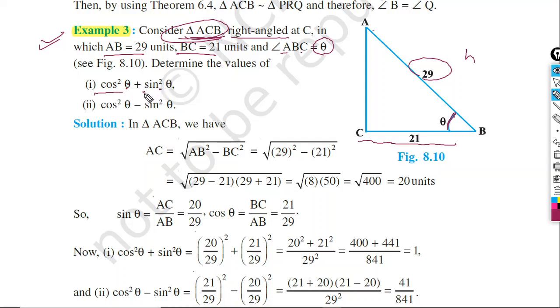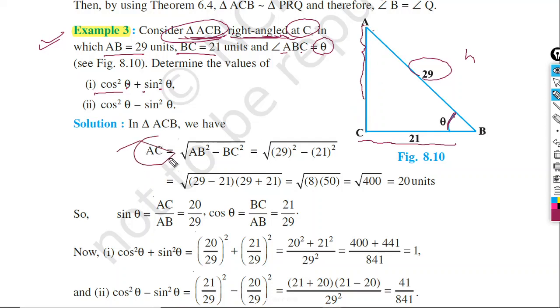Well, first here what we will do? First we will find the lengths. We have BC, we have AB. Can we find AC? As it is told that ACB is a right angle triangle, right angle at C, now we can find length of AC.